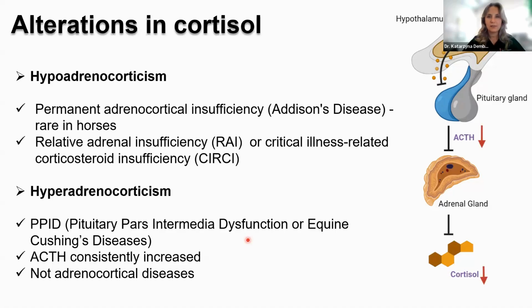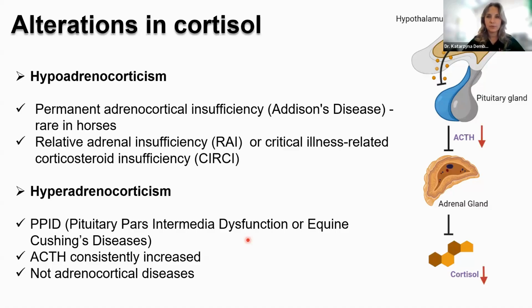Transient relative adrenal insufficiency, or critical illness-related corticosteroid insufficiency, has been reported and described pretty well in critically ill people, but also critically ill septic foals. And we'll talk about that a little bit more. And then in terms of hyperadrenocorticism, one of the forms is PPID, pituitary pars intermedia dysfunction, or equine Cushing's disease.